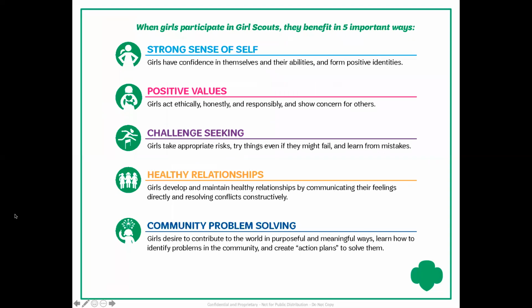If they feel those positive values, or if they feel stronger, or they're seeking the challenge, say for example, if you want to do mother-daughter zip lining, I don't know if anywhere in our council, and I don't know if the activity checkpoints will actually approve that, so this is just me brainstorming, but that may be a challenge for a lot of them, you know, so that is something that would cover the challenge seeking.